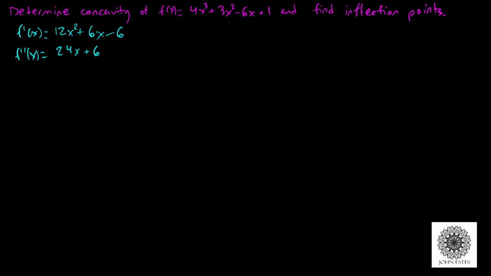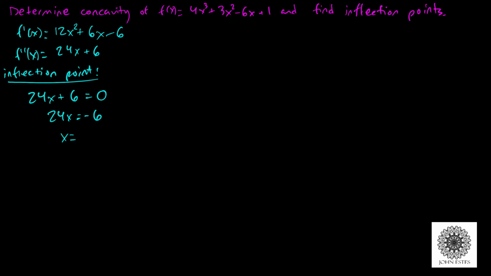So first I need to find when is this thing equal to 0, and that is how you find your inflection point, which is actually something they wanted us to determine. So the inflection point comes from setting this 24x plus 6 equal to 0. This is pretty simple algebra here. We end up with 24x equals negative 6, or x equals negative 6 over 24, which would be negative 1/4.